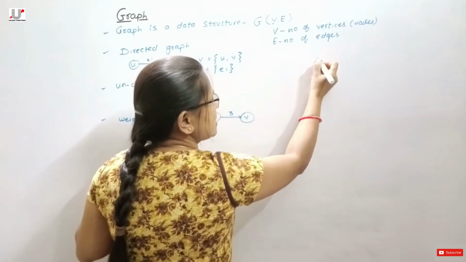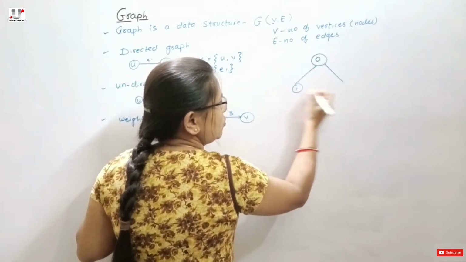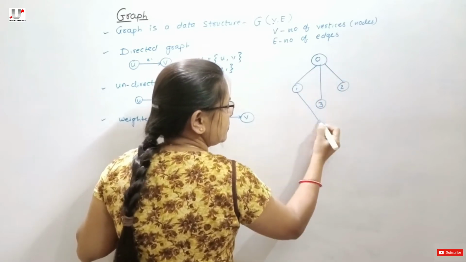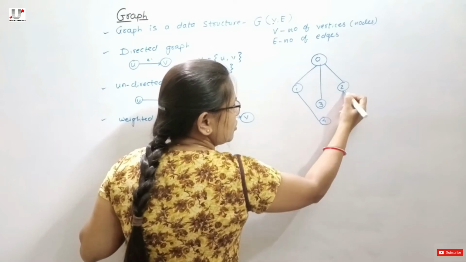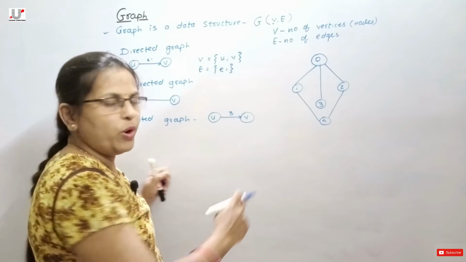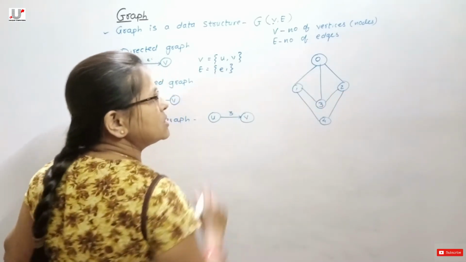Let us take one example. Suppose nodes 0, 1, 2, 3, 4. It's a graph. And now we have to represent this graph in computer's memory.